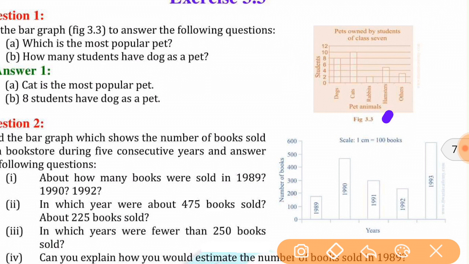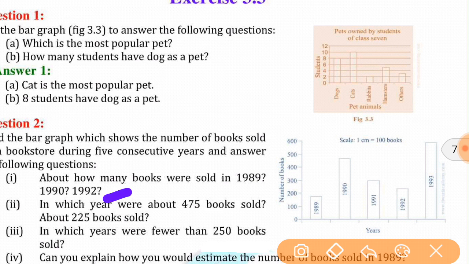Then hamsters is 4.5, meaning between 4 and 6 there is the number 5, so 5 students have hamsters. And others is 2.5, meaning between 2 and 4 there is the number 3, so 3 students have other animals.